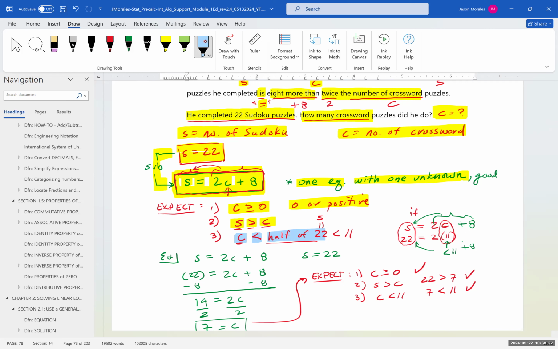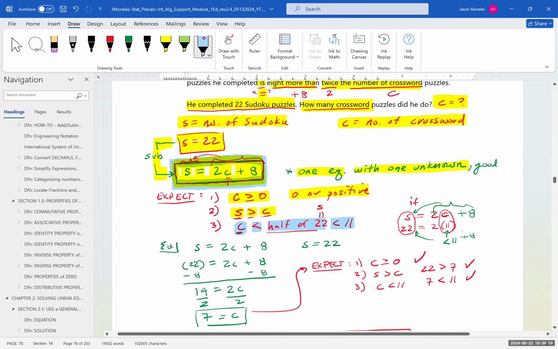So that's telling me that the number of crossword puzzles also has to be less than 11. That's a little bit more of an advanced observation, but that's the reason why you're here: to see things differently, to learn a new way of looking at things, how to interpret these algebraic relationships and think a little more critically about them. So that's an added expectation we can look for.